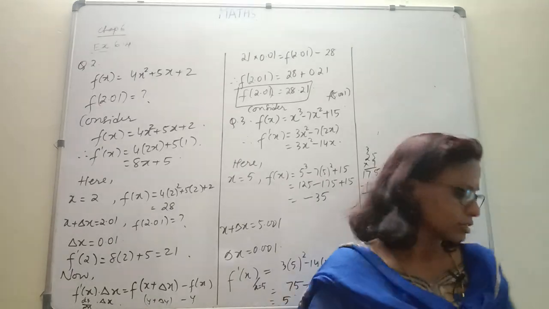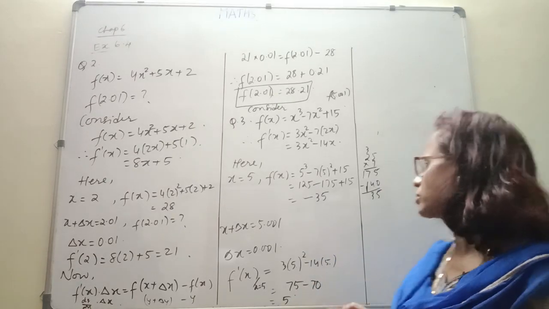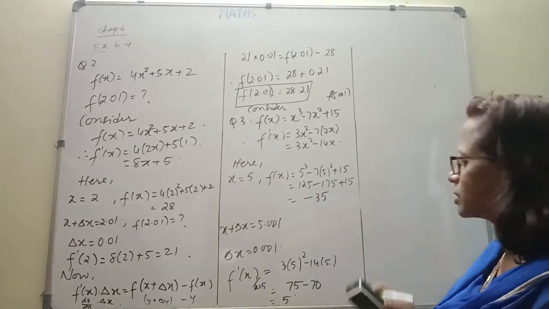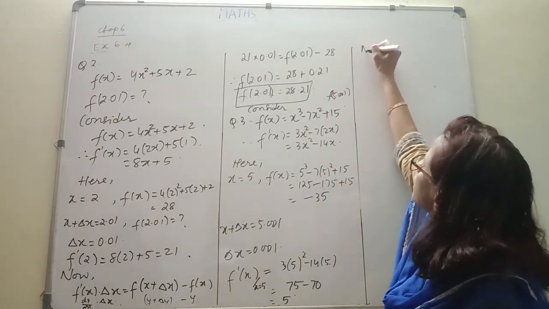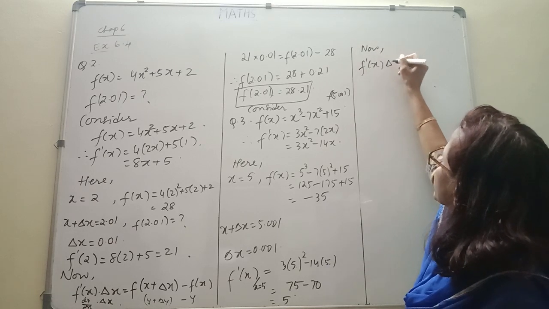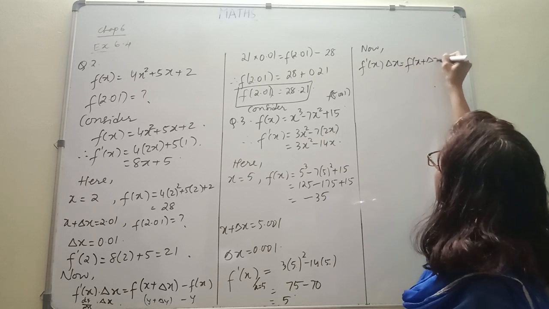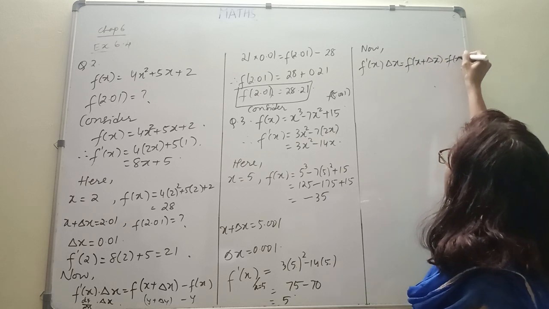All the values are there. So like before, now we are going to quickly make the substitution and get the answer. It's only that much. Hardly anything. Let's put that relation: f dash x into delta x is f of x plus delta x minus f of x.